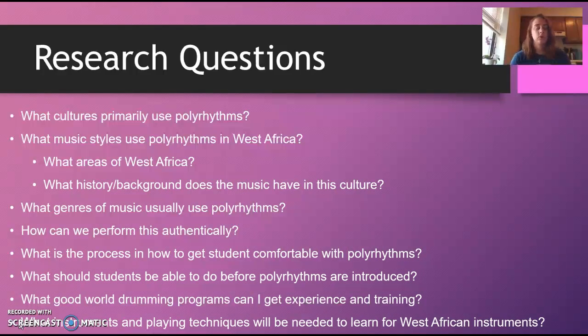My next few questions go into more of the teacher instruction side of how to go about my research. My first question for that was, what is the process to get my students comfortable with polyrhythms? This is actually a question of how I do it for my students, but also how I teach myself.